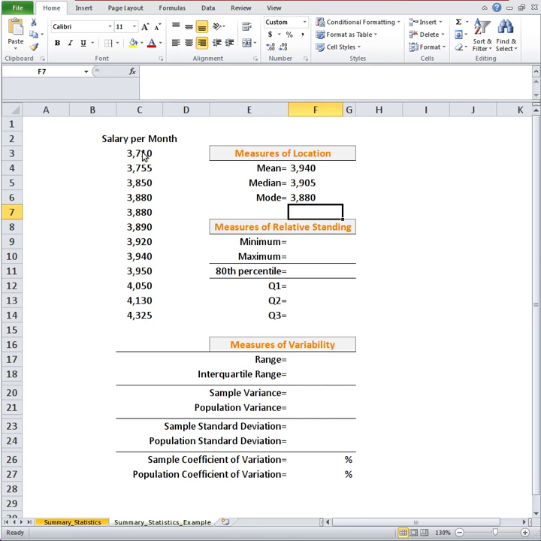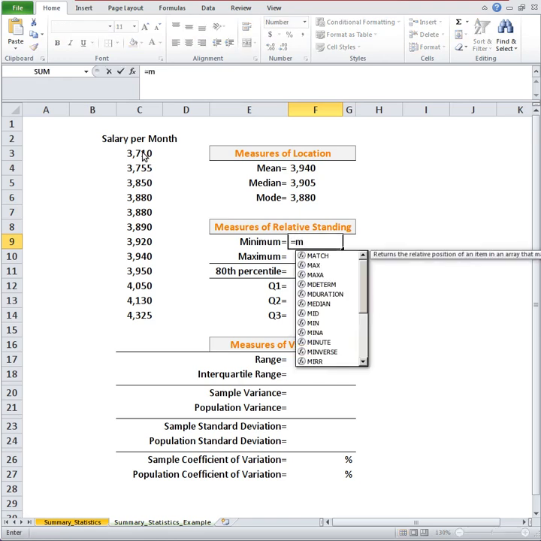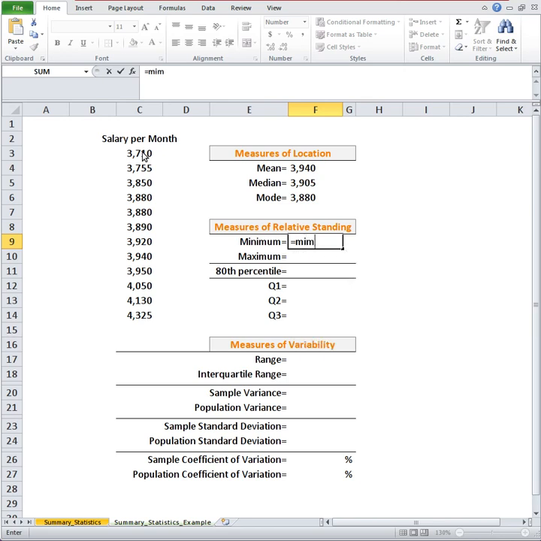Alright, so also we would like to get measurements of relative standing, and we're going to start by getting the minimum. The minimum is computed by using the formula MIN, and then highlighting the data set and parentheses, so C3 to C14. Then by hitting enter, I get the minimum.